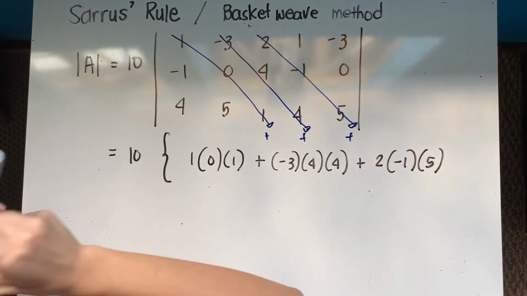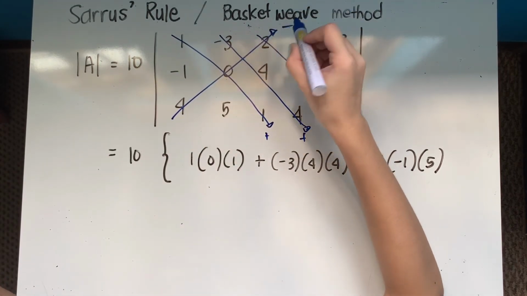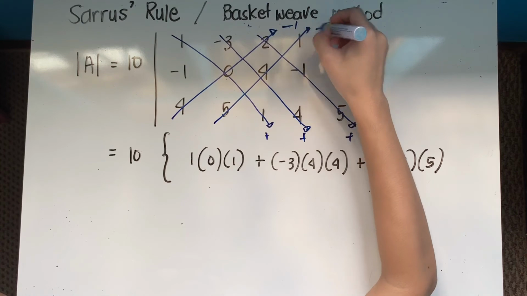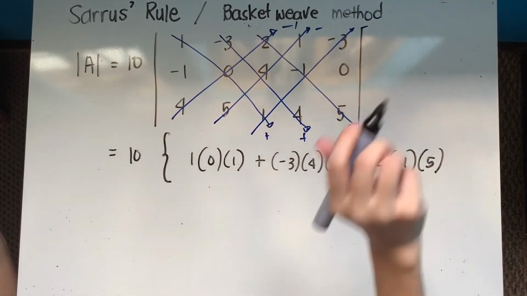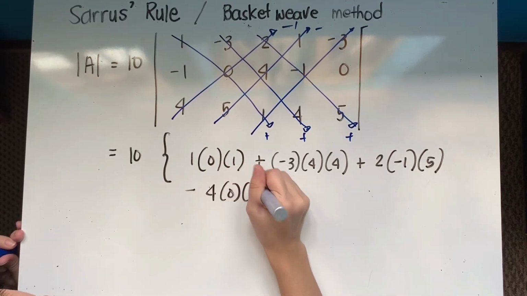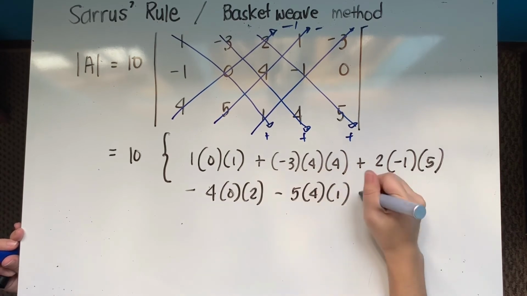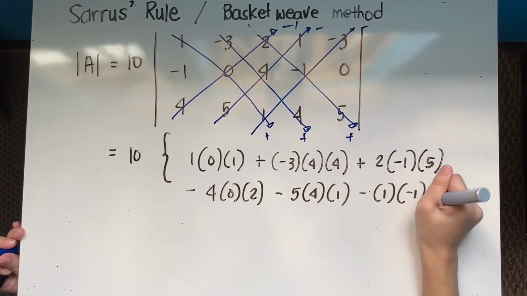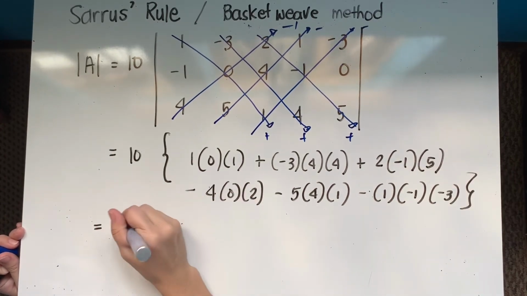And then, we'll proceed with upward diagonals naman that will obtain negative signs or negative 1. Okay. Or subtract. Simply subtract all upward diagonals. That would be 4 times 0 times 2 minus 5 times 4 times 1 minus 1 times negative 1 times negative 3. Okay? So, let's simplify that.